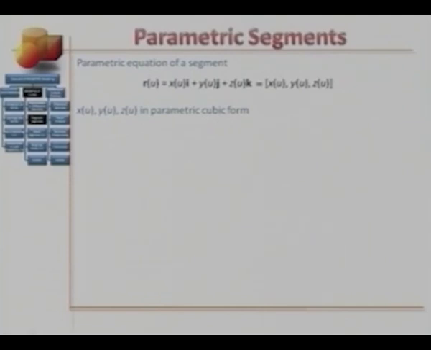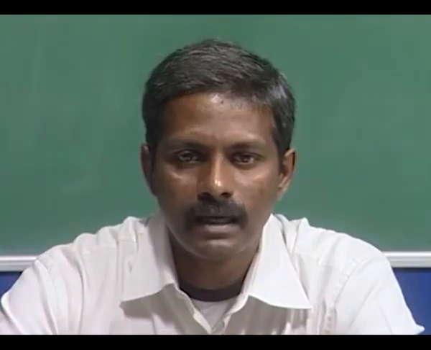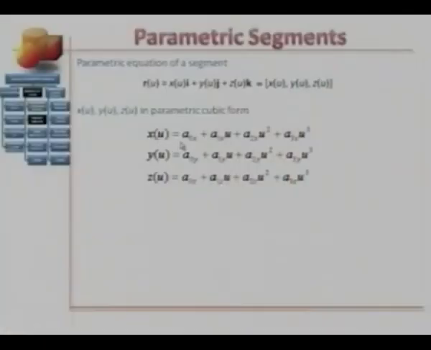More the degree, more the oscillations. x of u may be written as a0x plus a1x times u plus a2x times u squared plus a3x times u cubed. a0x, a1x, a2x, and a3x are unknown coefficients that we'll determine later.